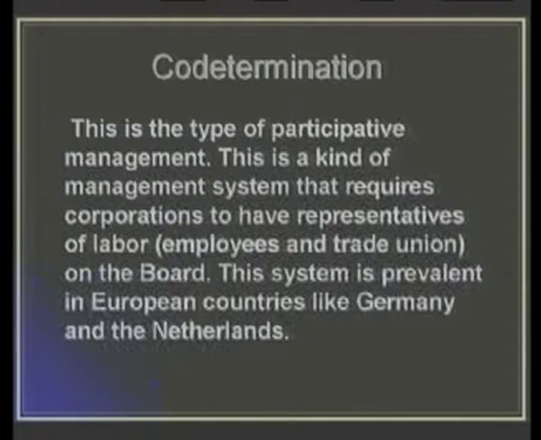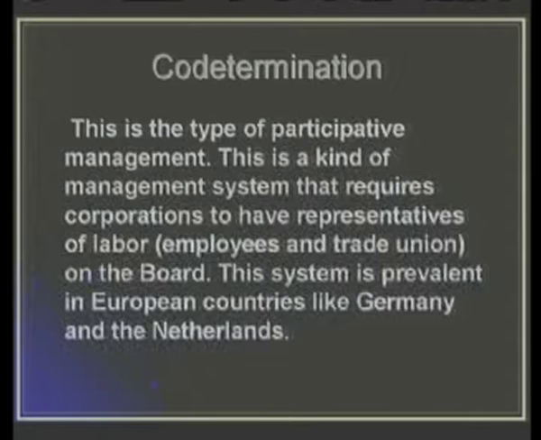This is a concept, maybe for some of you, a very new term. Codetermination is a part of participative management. In fact, we are going to have one lecture, or maybe two lectures, on participative management all over the globe. And codetermination is a type of participative management.